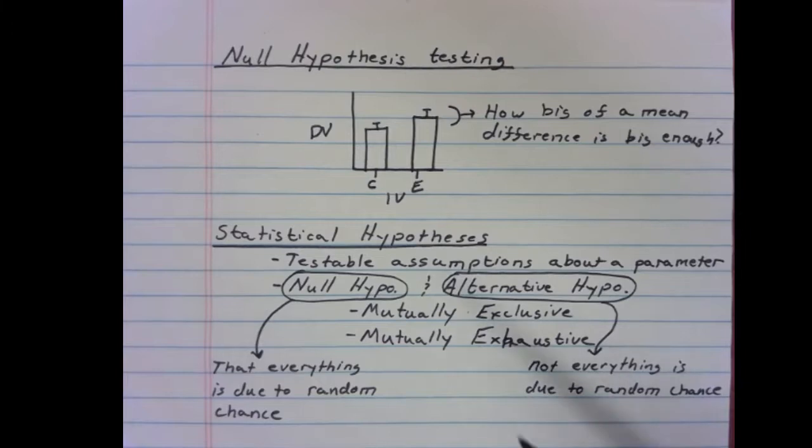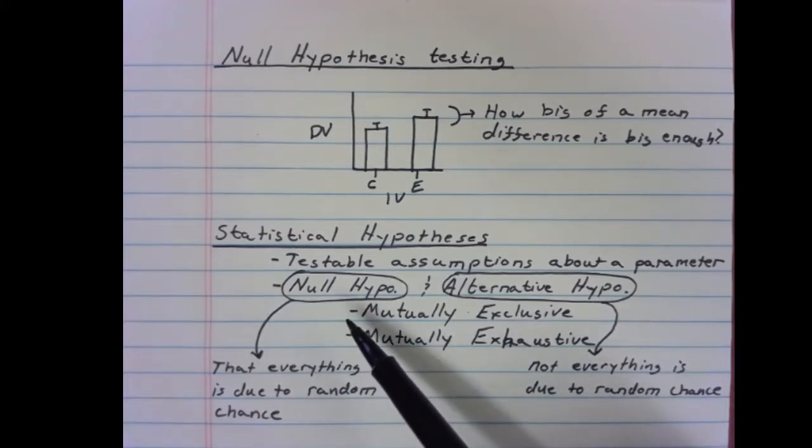Now, the nice thing about the null hypothesis is, if everything's due to random chance, we can use probability to determine what is the likelihood that this null hypothesis is actually true. This allows us to essentially put that null hypothesis on trial.